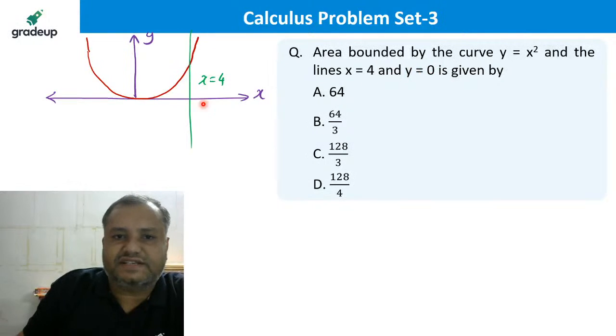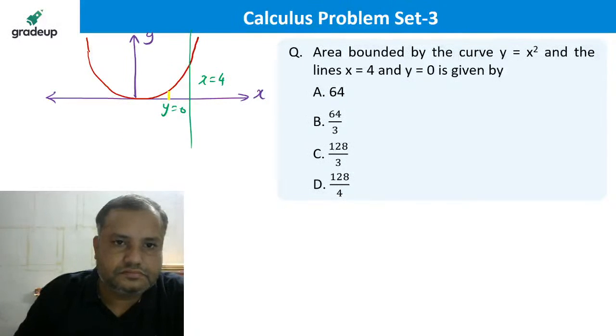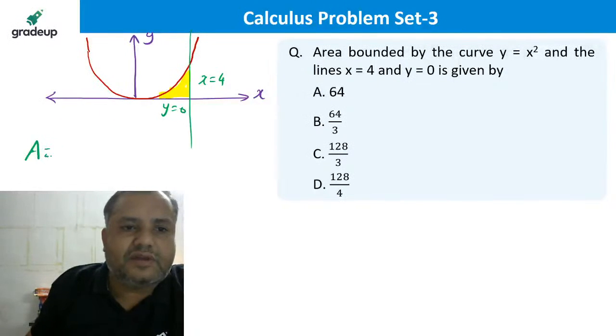y equal to 0 is the x-axis. So you have to calculate this bounded area. This bounded area can be calculated using this formula: integration from x1 to x2 of y dx.